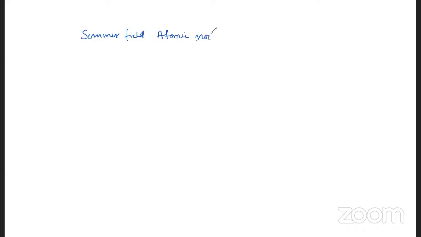Why we have got this Sommerfeld atomic model is in order to overcome the drawbacks of Bohr's atomic model. Scientist Sommerfeld in the year 1921 modified Bohr's model by introducing a new idea or new concept, which we call elliptical orbits.